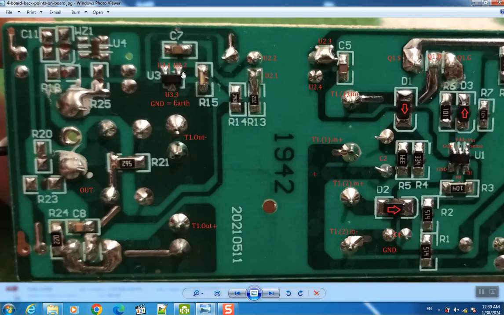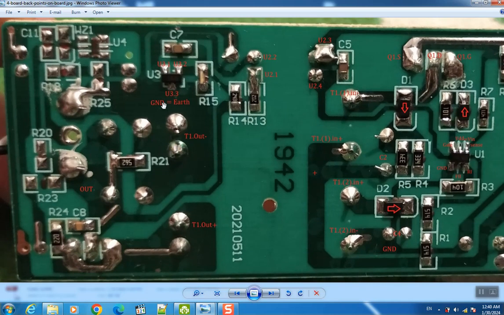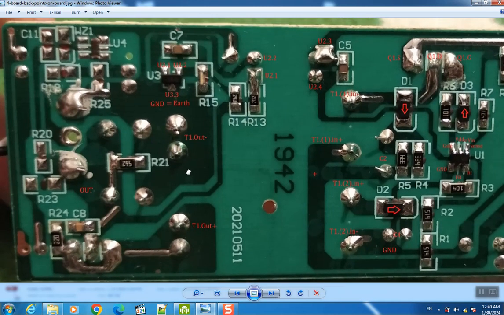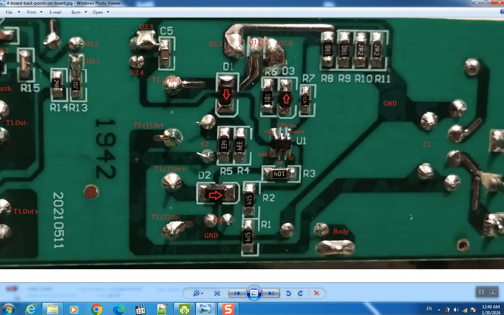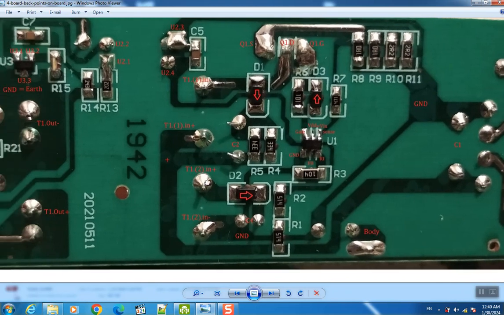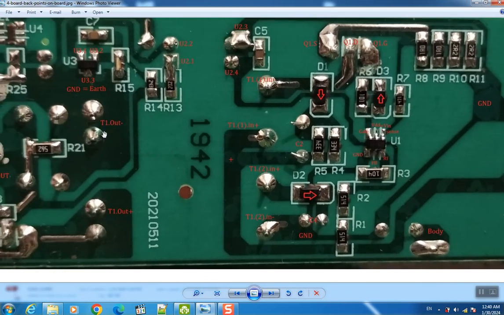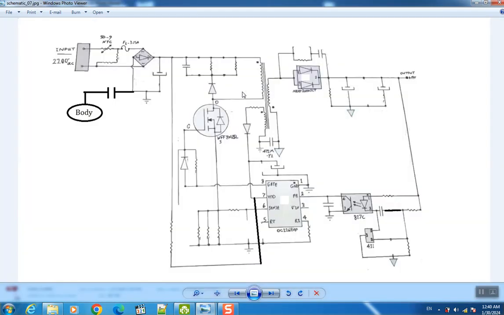Pin number 1, 2, and 3 of unit 3 have been identified, and some other units, transformer, for example, transformer output has been identified here, these pins, and these pins also identified here.